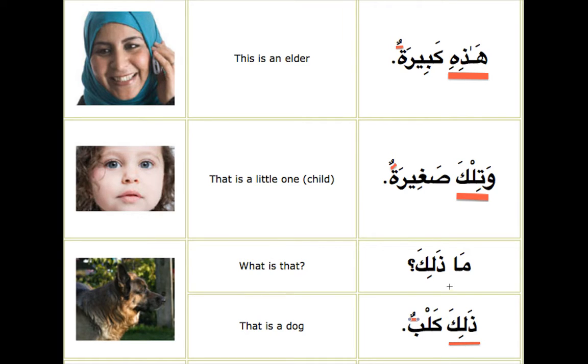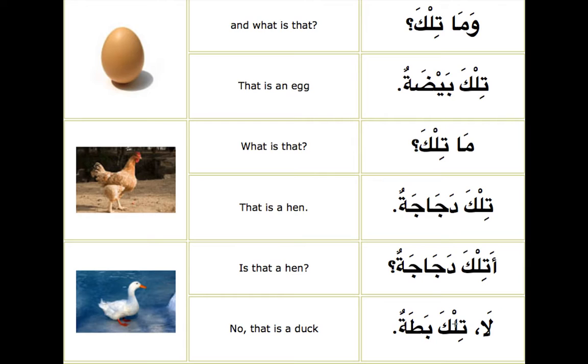Now we have ma dhalika, what is that? Dhalika is for mudhakkar, masculine. So it's not tilka, it's dhalika. A dog is a male dog we are pointing at, so you say dhalika kalbun. Now wa ma tilka. Ma means what. Just to remind you, ma is used for objects and man is used for human beings.